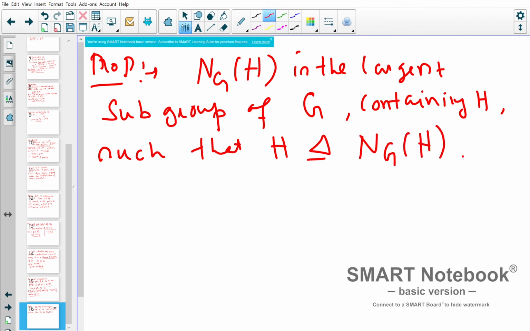Okay, so given any group G and any subgroup H, H may not be normal inside G, but H is always normal inside the normalizer.